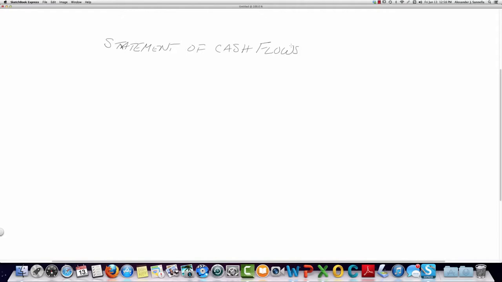Statement of cash flows. And again, it is another flow statement. And it's going to be for the year ended, let's say, 12/31/2015. And of course here you have the company name.